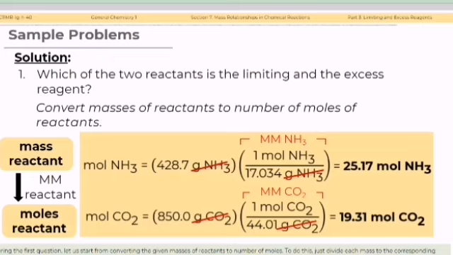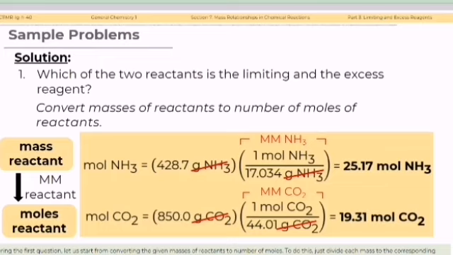In answering the first question, let us start by converting the given masses of reactants to the number of moles. To do this, just divide each mass by the corresponding molar mass. For ammonia, number of moles equals 428.7 grams divided by 17.034 grams per mole, which simplifies to 25.17 moles of ammonia.